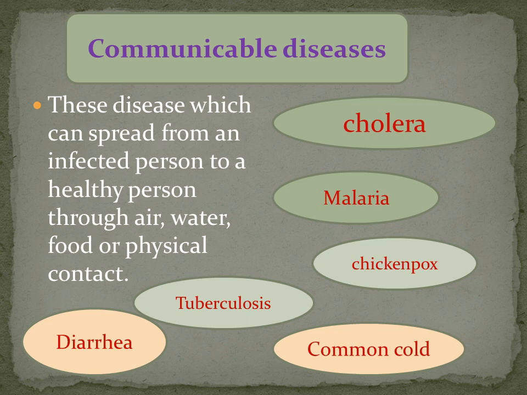The droplets will fall from his mouth and nose. These droplets will travel through air and reach the uninfected person. When this uninfected person takes in these droplets, then he or she will also be affected.